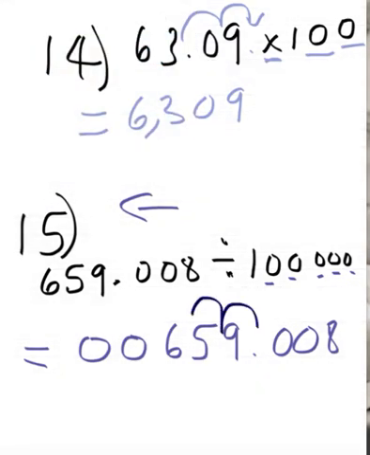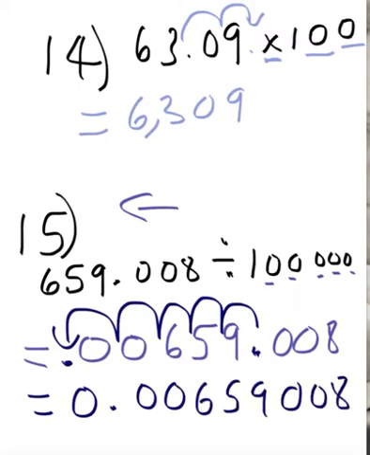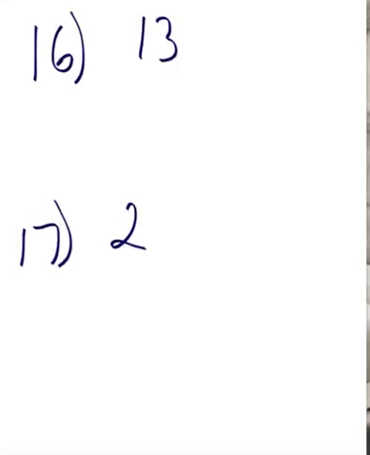So 1, 2, 3, 4, 5. The decimal has now moved from there. So my answer is, you can put just point, or you can go 0 point, and then we've got 0, 0, 6, 5, 9, 0, 0, 8. And that is your answer. So the trick is, add the zeros first. If you're confident with filling in the spaces, then just do that.